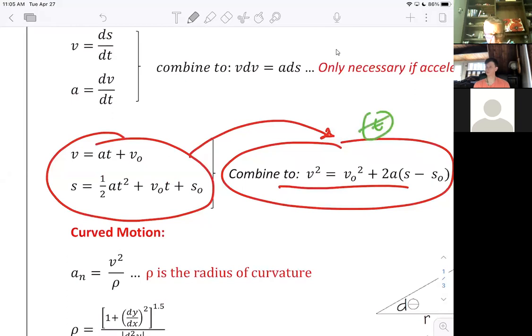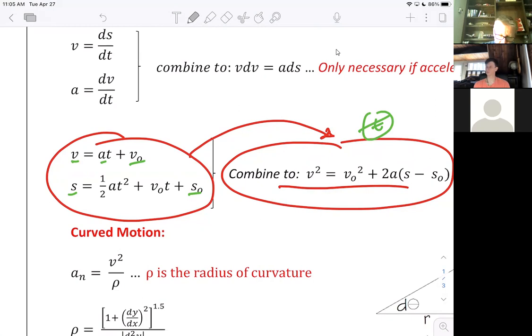But there are velocities, accelerations, initial velocities, S's for position, everything but time over there. So does it make sense to you? That's your hint about how you're going to put these together.